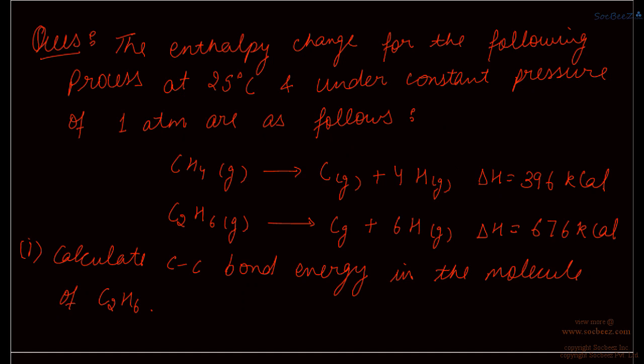If CH4 undergoes dissociation to C plus 4H, the enthalpy change is 396 kilocalorie, and if C2H6 undergoes dissociation as C plus 6H, the enthalpy change is 676 kilocalorie. Now they are asking us to calculate the C-C bond energy in the molecule of C2H6.